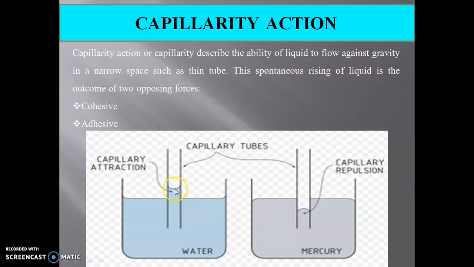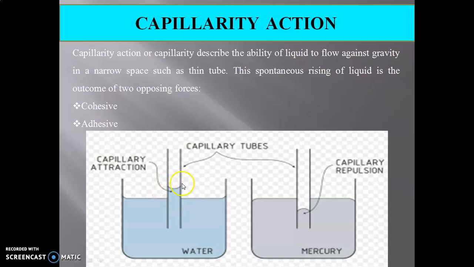So when the adhesion is greater than the cohesion, the molecules of the water or the liquid cling onto the wall of the test tube.